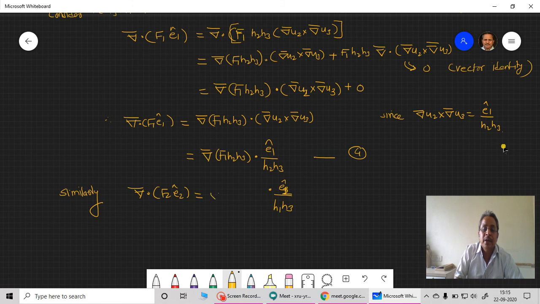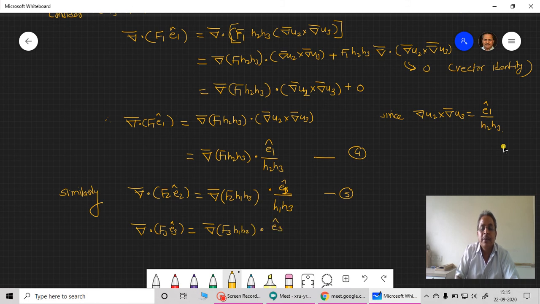And here now this will be del bar of f2 and h1 h3 dot of this, which is my equation 5, and the last component del bar dot f3 into e3 cap can be written as del bar of the bracket f3 into h1 h2 dot with this e3 cap upon h1 h2. Don't cancel this with this or this with this, don't cancel this here, okay. This is my equation number 6.